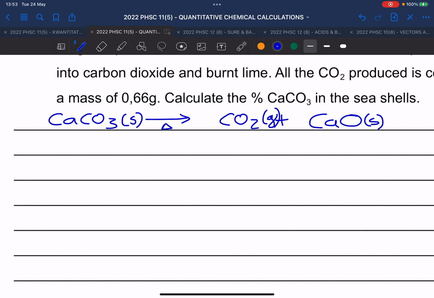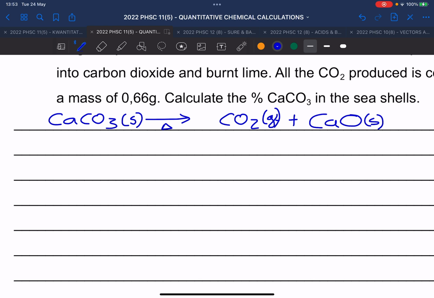Battery flat. Yeah? You get it. It is already balanced.